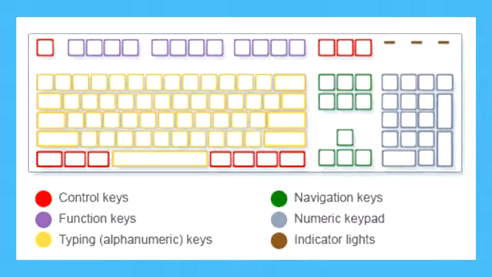While typing, we have mostly used the typing keys. Do you remember when learning about how to switch off the computer, I had told you to use Alt and F4. So F4 is a function key and Alt is a control key. There are various commands given using the different keys, which are special keys.